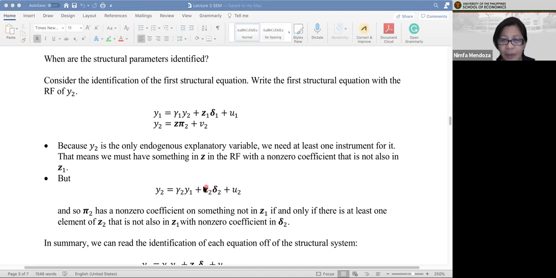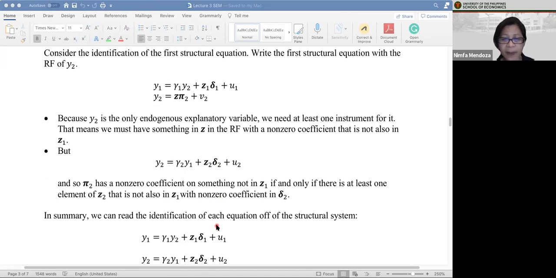So that instrument must be in C sub 2, but not in C sub 1, okay? And for C sub 2 to be correlated with y sub 2, its associated coefficient, which appears in delta sub 2, must be non-zero, okay?